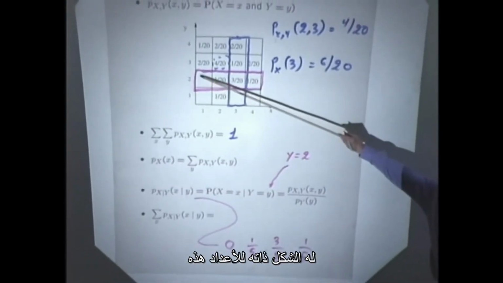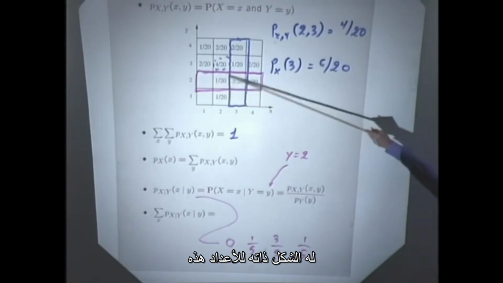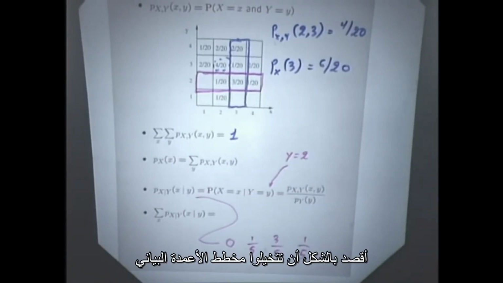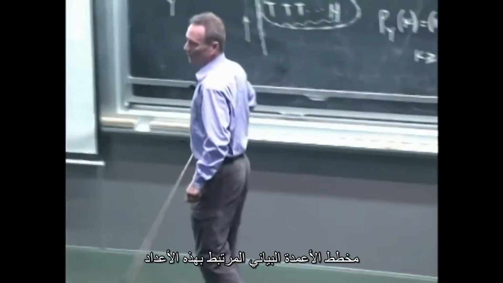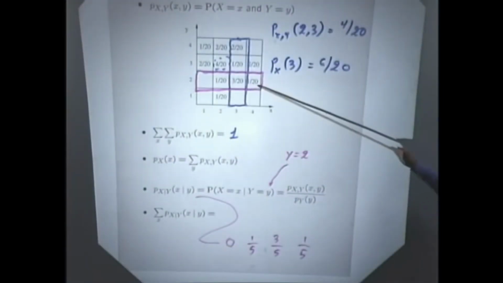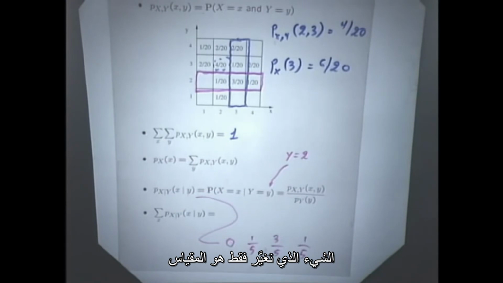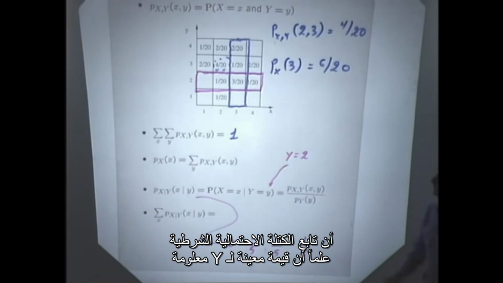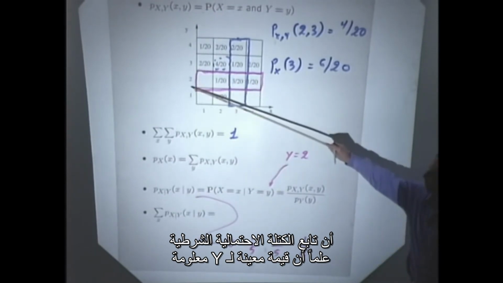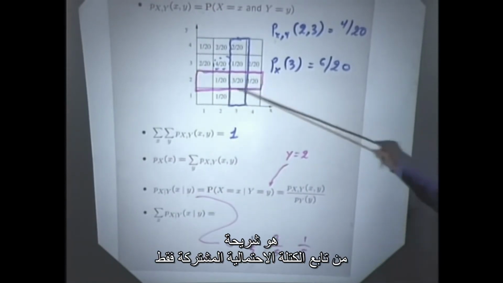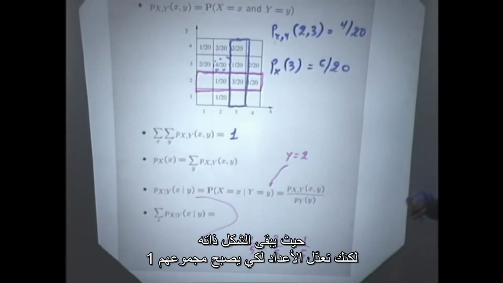It has the same shape as those numbers, where by shape I mean try to visualize a bar graph. The bar graph associated with those numbers has exactly the same shape as the bar graph associated with those numbers. The only thing that has changed is the scaling. Big moral, let me say in different words: the conditional PMF, given a particular value of y, is just a slice of the joint PMF where you maintain the same shape, but you rescale the numbers so that they add up to 1.